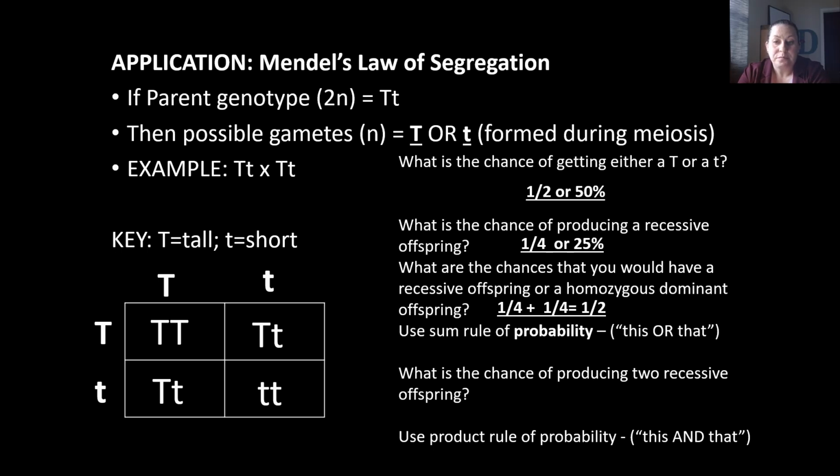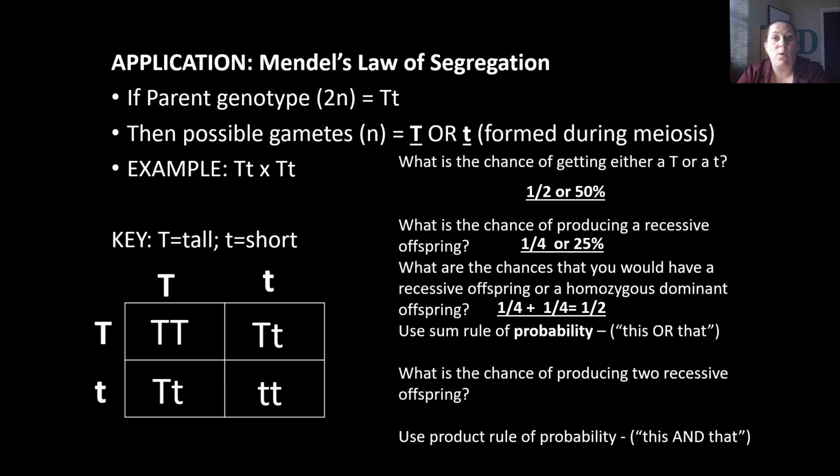Okay. The next one is, what's the chance of producing 2 recessive offspring? Now, if I want 2 of the same thing, this means this and that. The and means I have to use the product rule of probability, which means I have to do multiplication. The chance that I am going to get a recessive offspring is 1 out of 4.